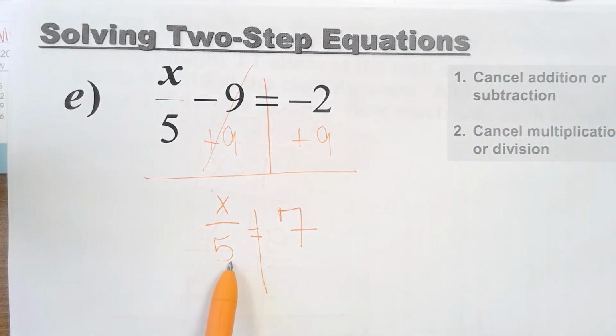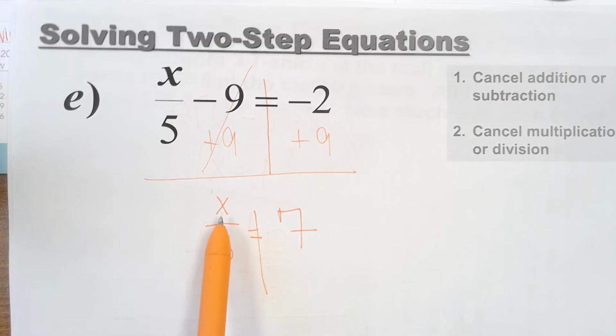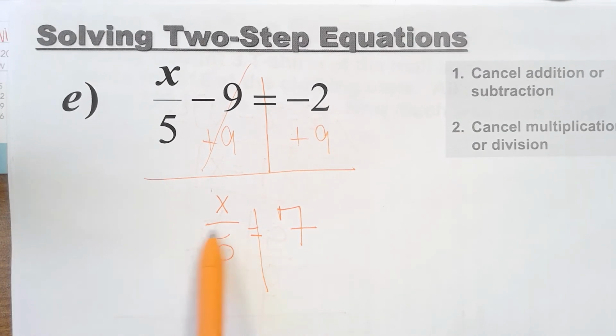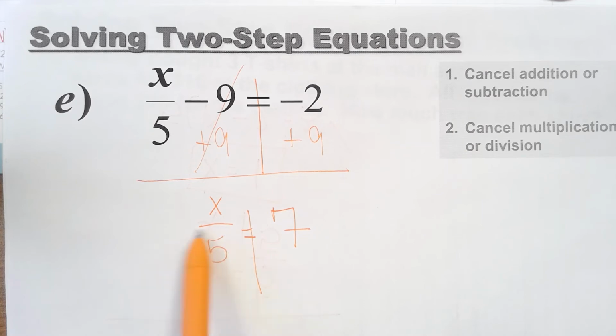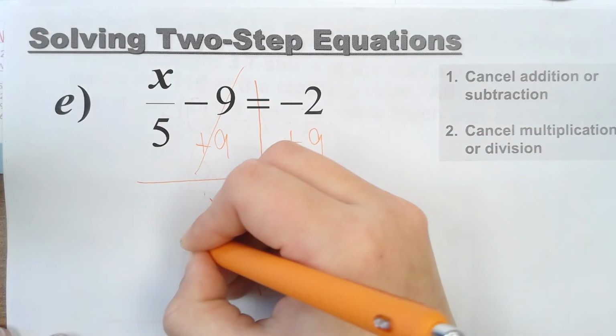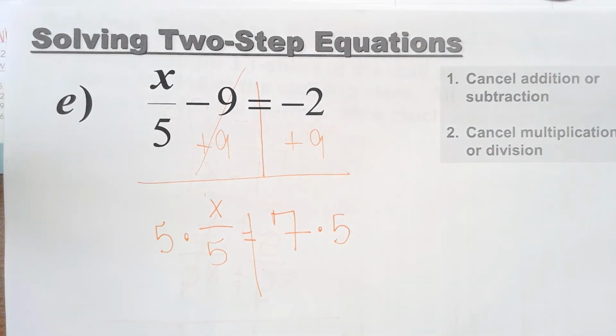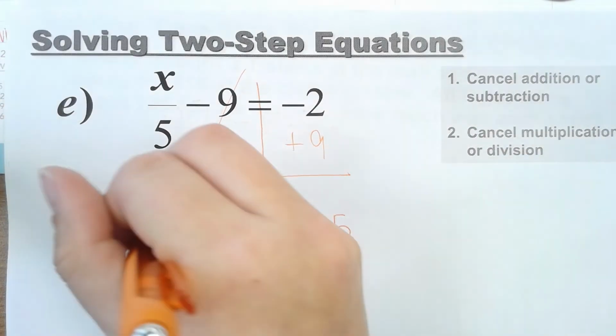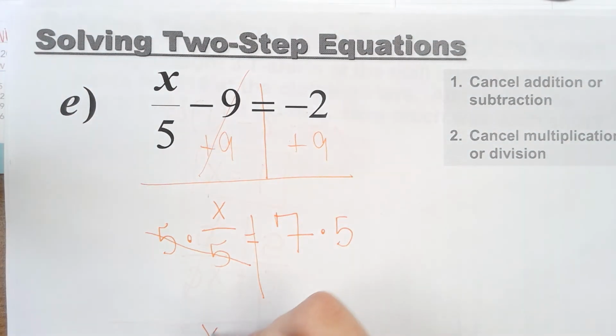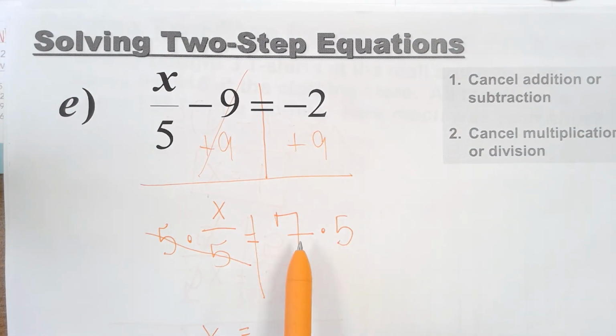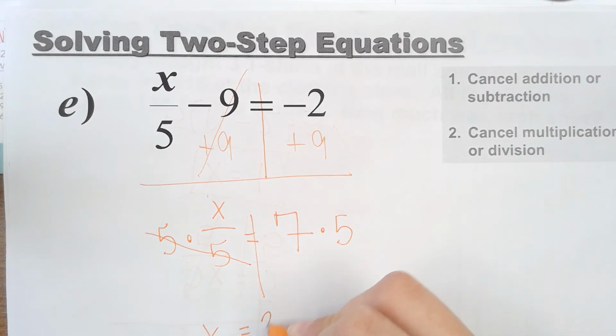And to do that, we have to do its inverse operation. So right now, x and 5 are dividing. So the inverse operation of dividing is to multiply. So I need to multiply by this 5 on both sides, so that then my 5's will cancel. I'm left with x equals, and then 7 times 5 will give me 35.